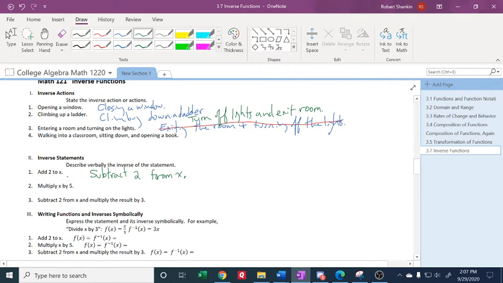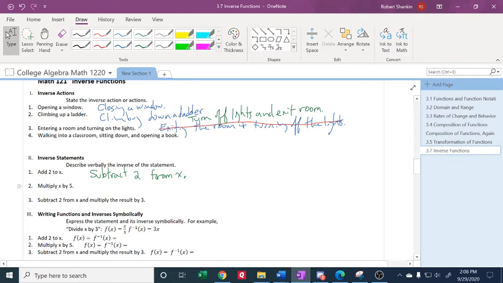So adding 2 to x, the reverse would be subtracting 2 from x. For instance, if x was 10, adding 2 to 10 would give me 12. But subtracting 2 from 10 would, instead of making it 2 larger to 12, make it 2 smaller down to 8.